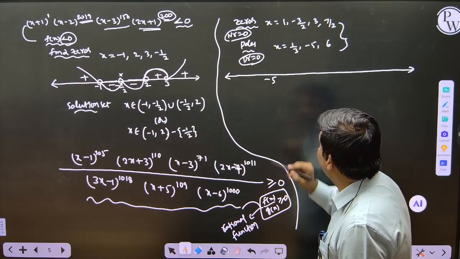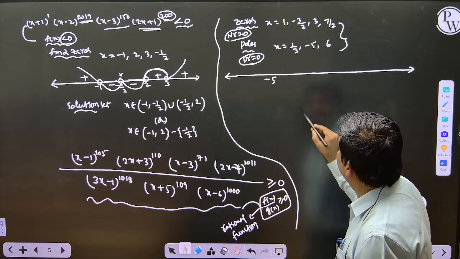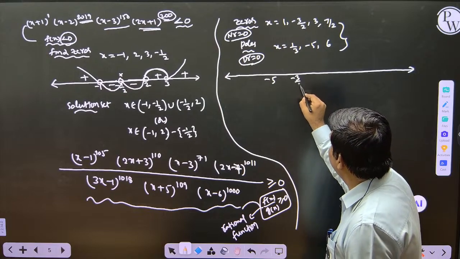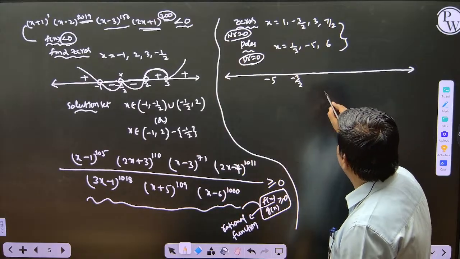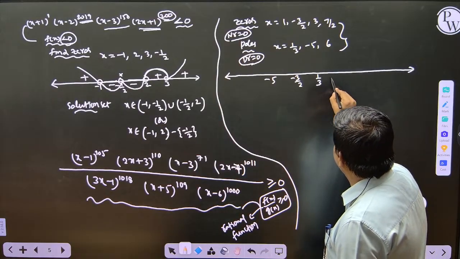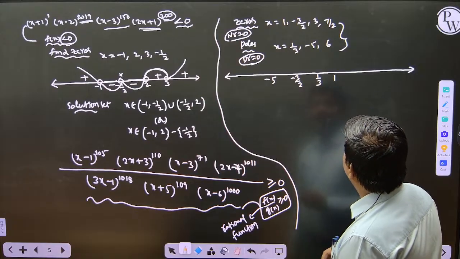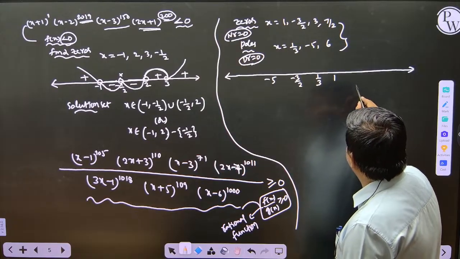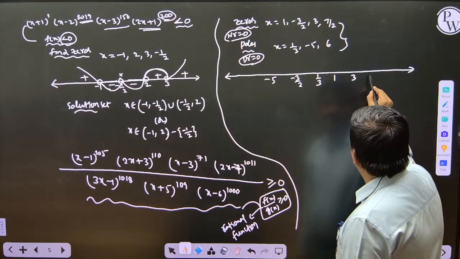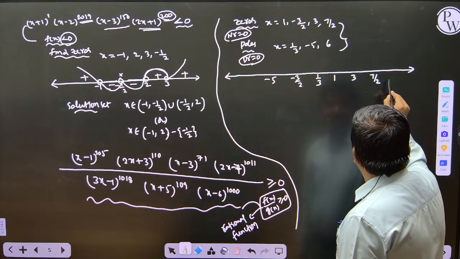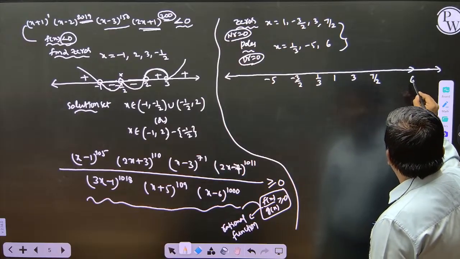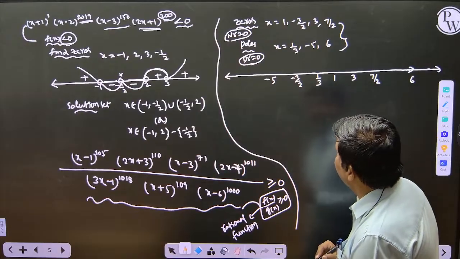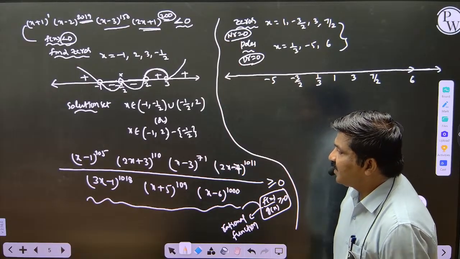Minus 5. Next, minus 3 by 2. Next, 1 by 3. Next, 1. Next, 3. Next, 7 by 2. Next, 6.